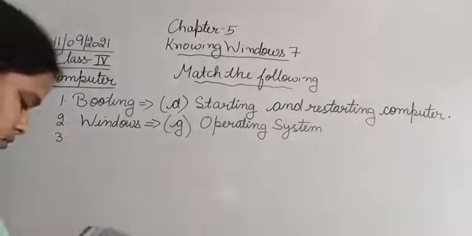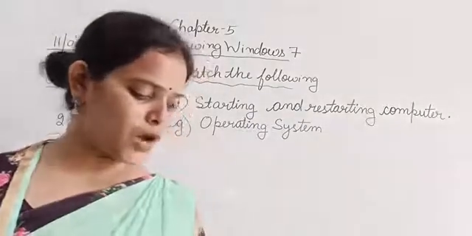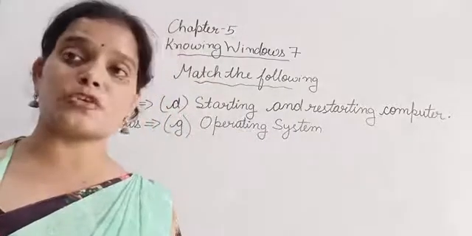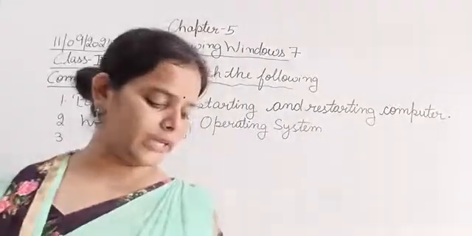Third one, that is mouse pointer. So what is a mouse pointer? That is a small arrow on the desktop.